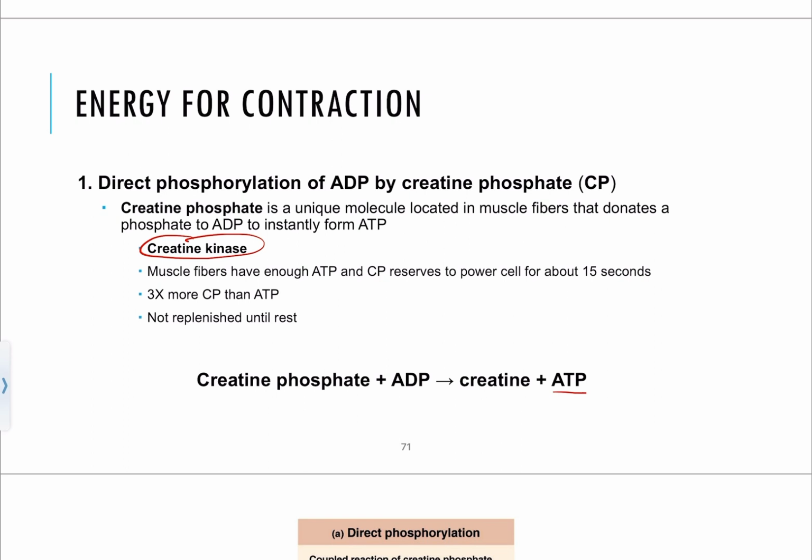So we've added that additional phosphate to it. If we don't have creatine kinase to do this, then we can't use this source of phosphate to generate ATP. Once we take that phosphate and attach it to ADP to get ATP, we're just left with creatine alone.